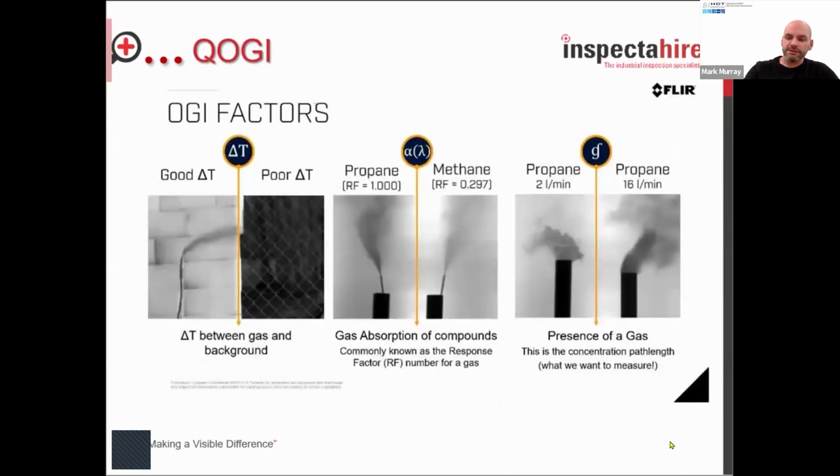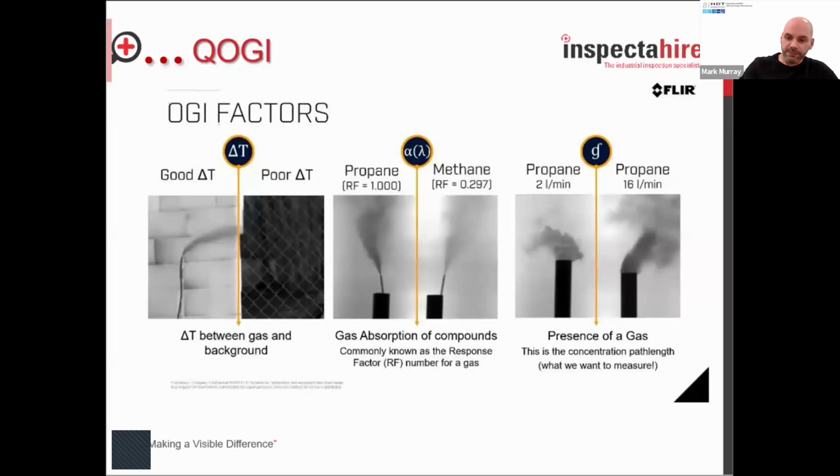So there are three important factors of the QOGI triangle, if you like. Delta T must be radiant contrast, as I said, at least 2 degrees, but the greater the delta T, the better. A consistent background also helps. If you've got clouds and stuff moving in the background, this tends to give us spurious readings.